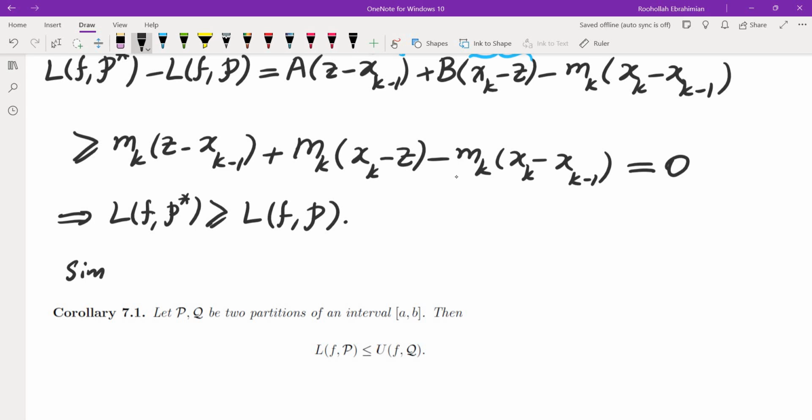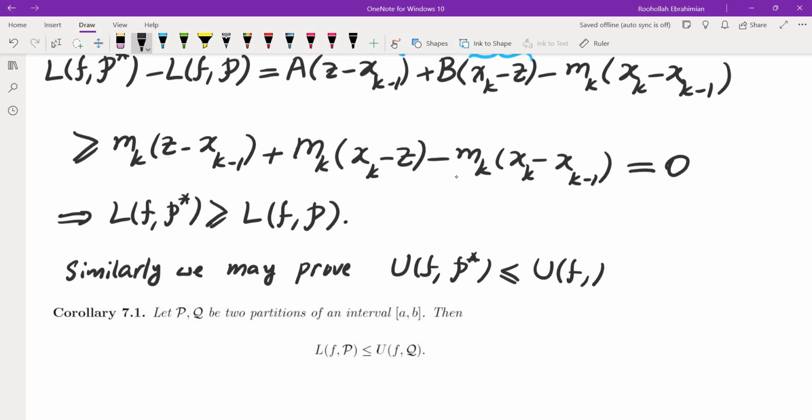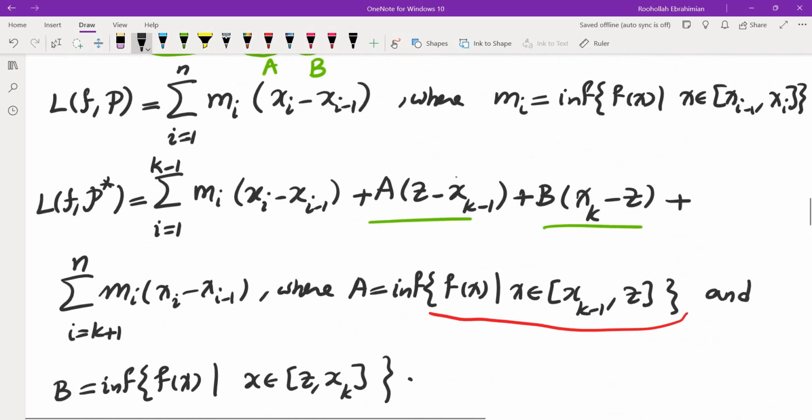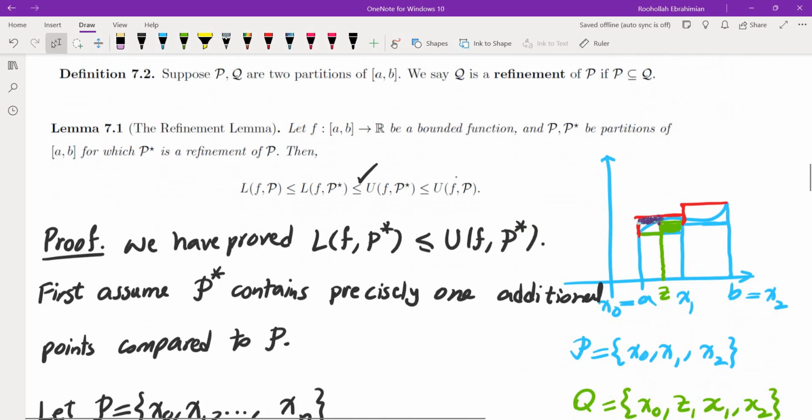So similarly, we may prove the other one: the upper sum for P star does not exceed the upper sum for P. So what we showed here is that if you refine your partition, your lower sum becomes larger, your upper sum becomes smaller, or it could stay the same, but the lower sum doesn't decrease, and the upper sum doesn't increase.